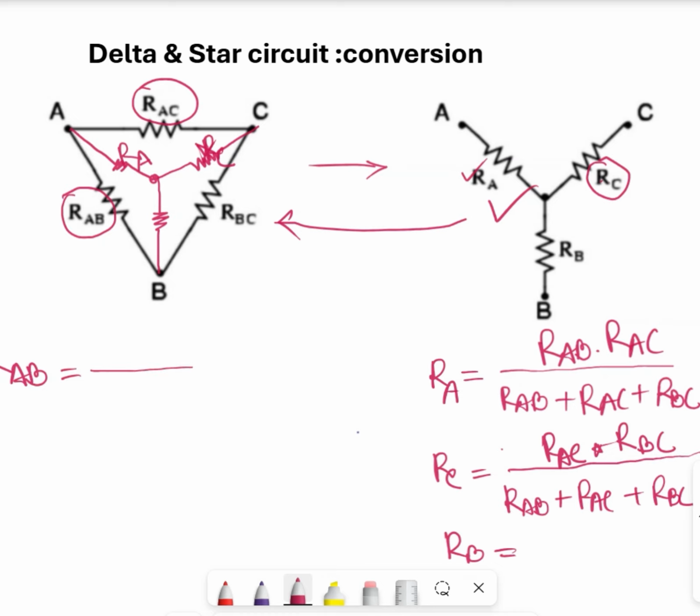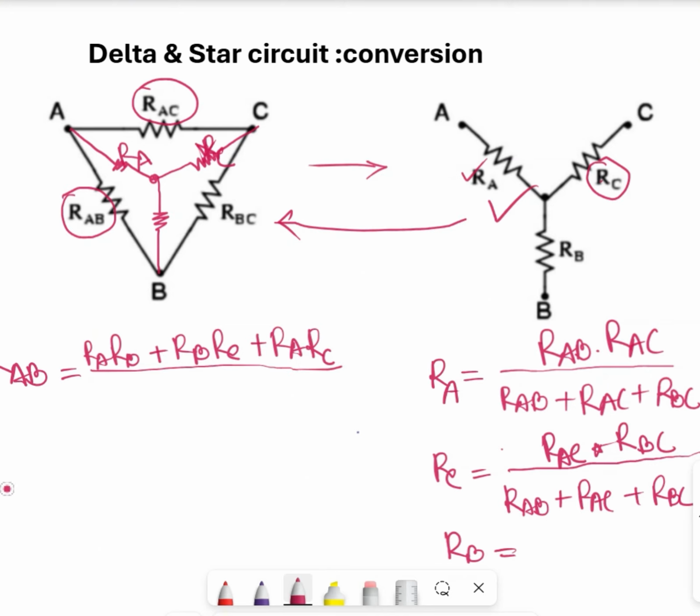Of course, in the numerator we have to write down RA RB plus RB RC plus RA RC. It means we have to sum the products of the resistors, RA into RB plus RB into RC plus RA into RC.